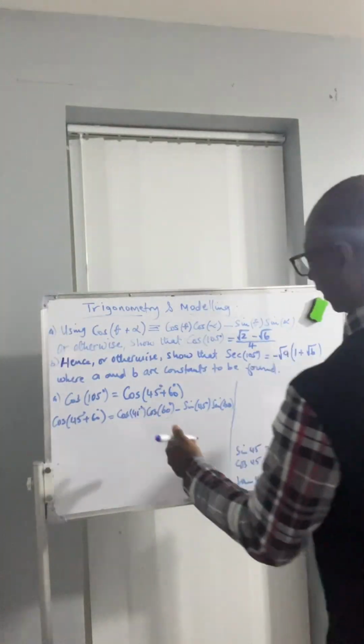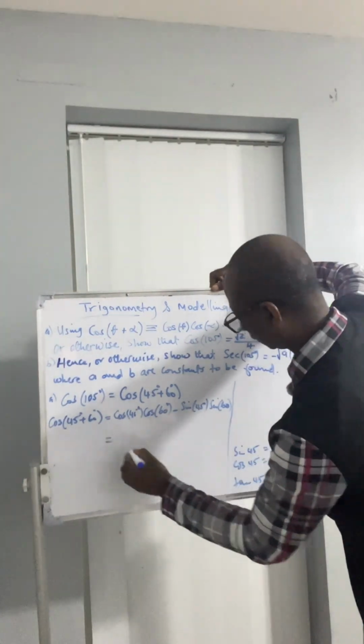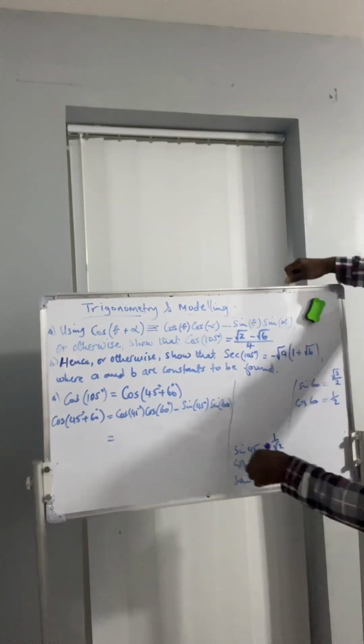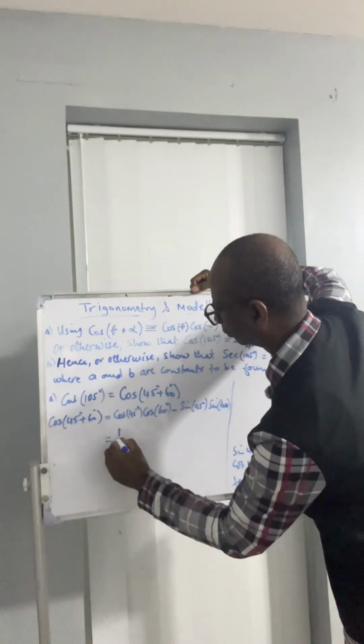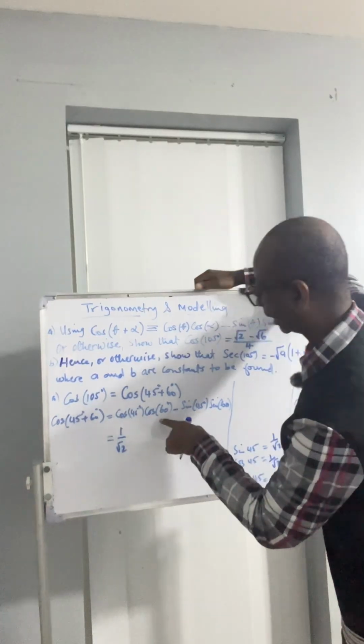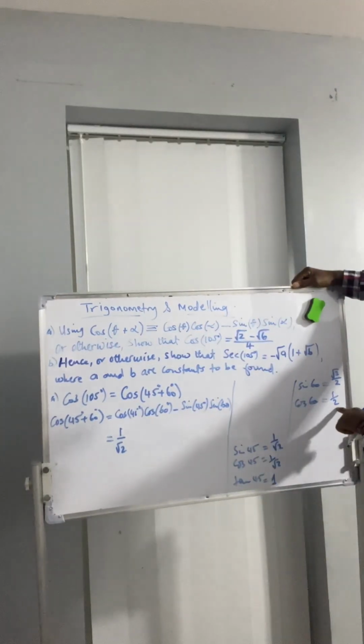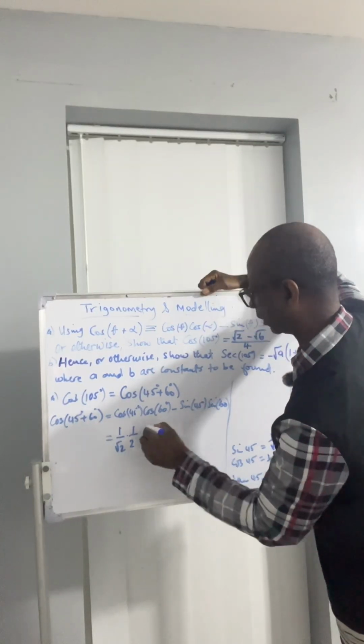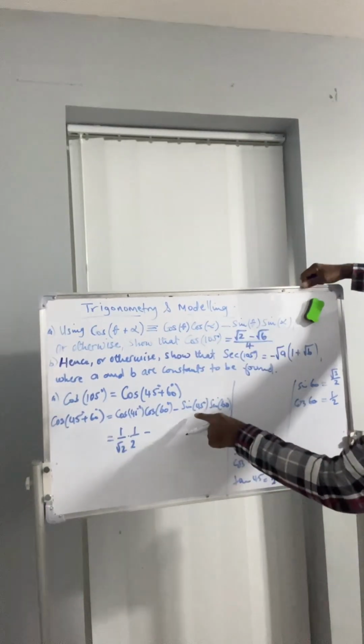What is cos 45? We know cos 45 is 1 over root 2. And what is cos 60? Cos 60 is 1/2. Then you have your minus. What is sine 45?